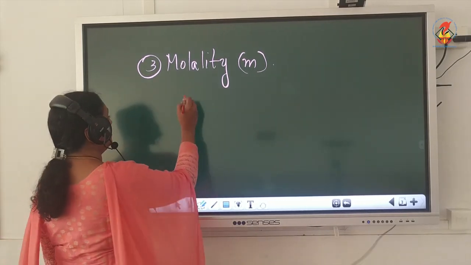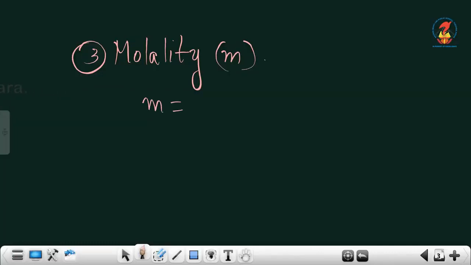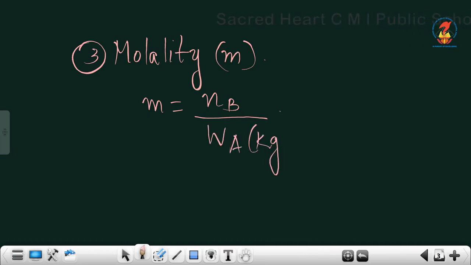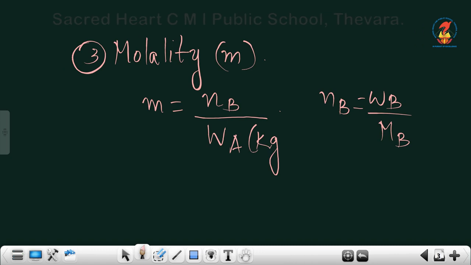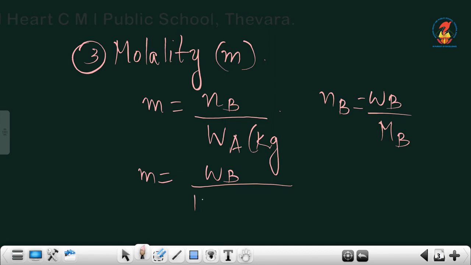So when we write the expression for molality, small m is equal to number of moles of solute dissolved in 1 kilogram of solvent. Solvent is denoted by WA in kilogram. Again we know NB is equal to WB by MB, given mass by molar mass. So m is equal to WB by MB into WA in kilogram.